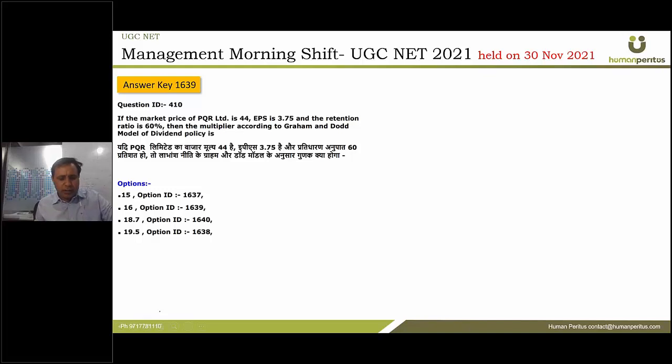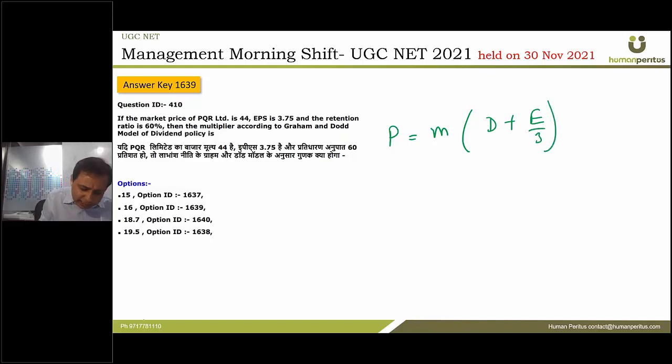Next one is again a model based on a dividend theory, which is known as the Graham and Dodd model. According to this model, there is a formula, and that formula is: the value is given by M into D plus E by 3. Again, D is dividend per share, E is EPS, earning per share, and M is a multiplier. Let us see what has been given to us.